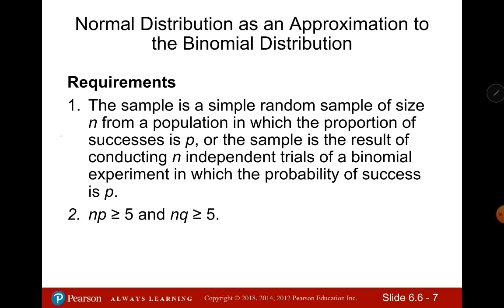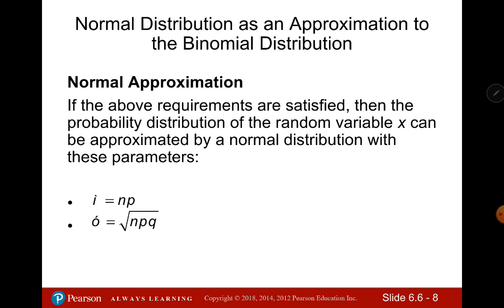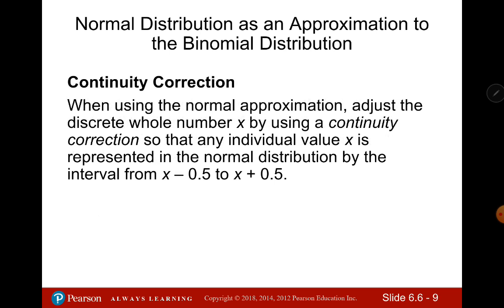These are all the requirements for the binomial distribution, and we can quickly go through them. After that, if it is a binomial distribution, we have the two special formulas to get the parameters mu and sigma.